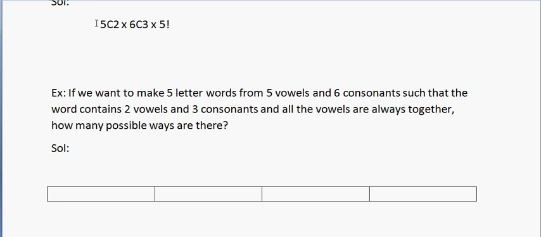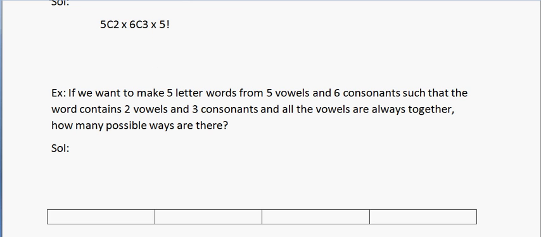Now let's see how to do it. Again, we have to select firstly vowels and consonants, so this part remains the same, right? Now what we can see is initially consonants and vowels could be placed anywhere, but now vowels have to be together, which means something like this.